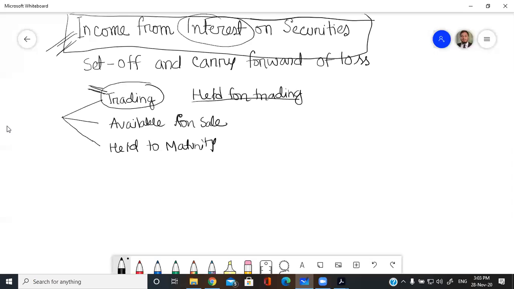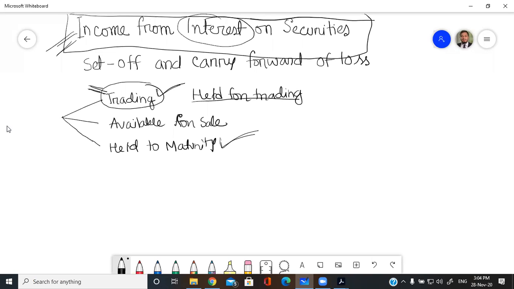So an SSC may have some securities for which it has not made clear whether it is keeping them for trading purposes, or will hold them till maturity. In that case, the securities are not included in trading and are not included in held to maturity.